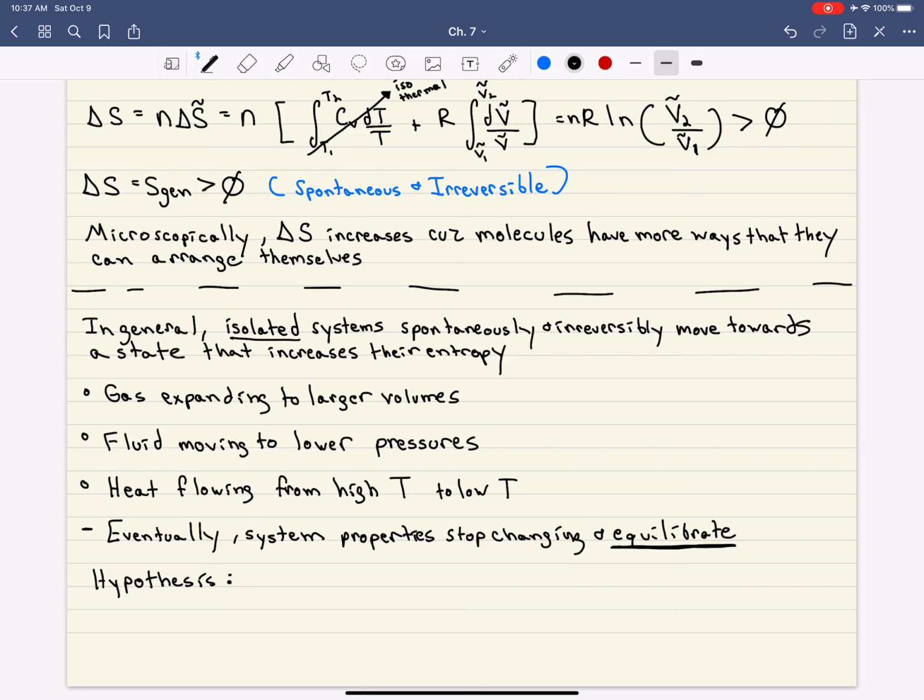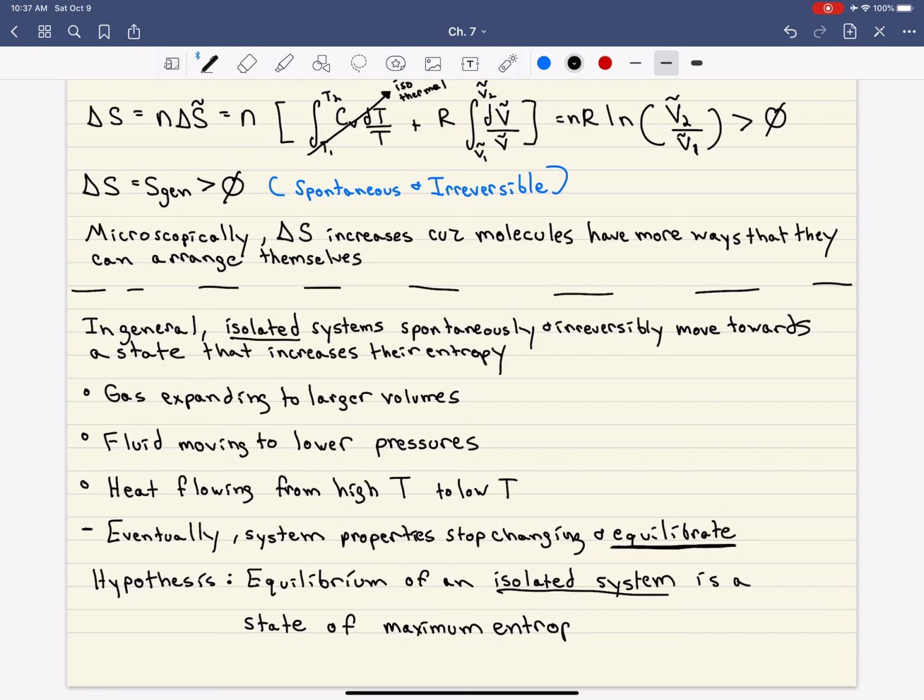And so our hypothesis is going to be that the equilibrium state of an isolated system is the state in which the system has reached a maximum entropy.